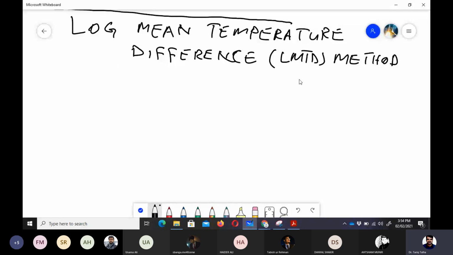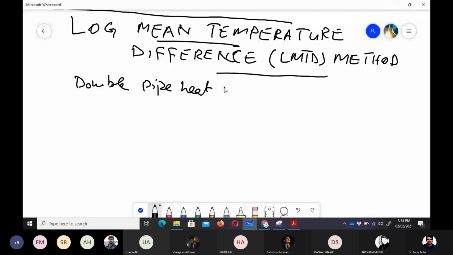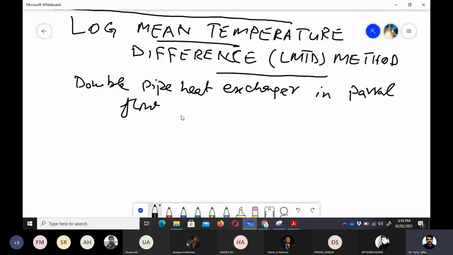So let's suppose we have a double pipe heat exchanger in parallel flow, and we do the differential analysis here.